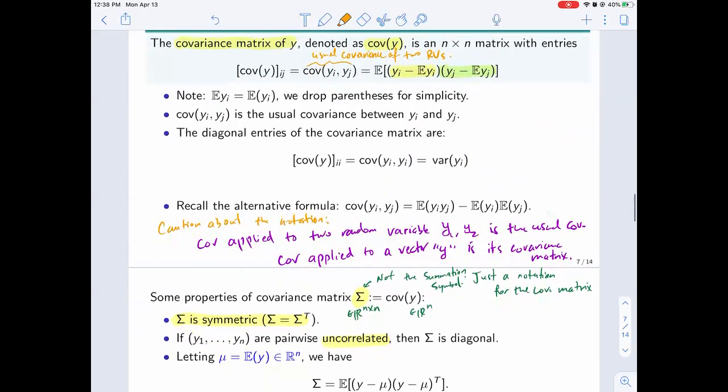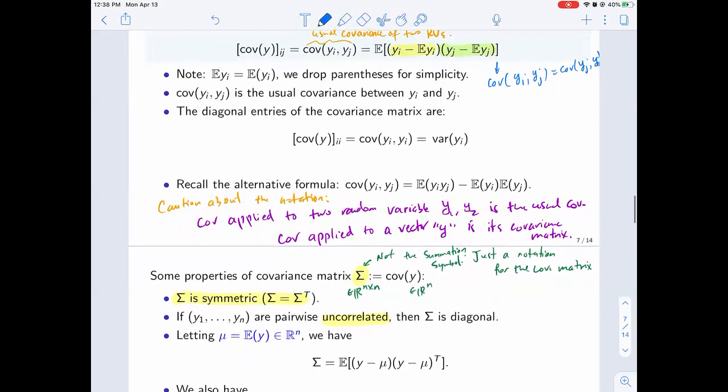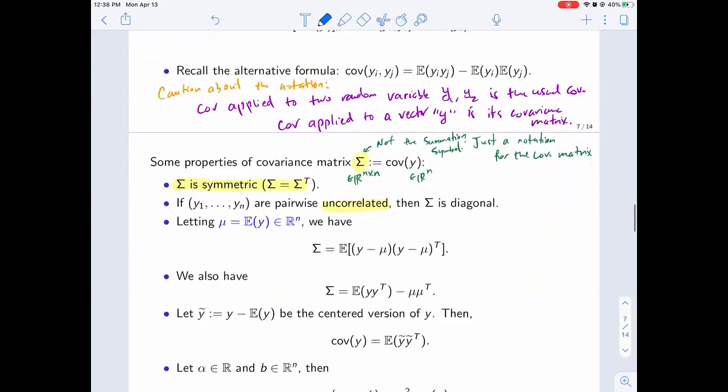The covariance of yi, yj is equal to the covariance of yj, yi. That translates to this matrix being symmetric. Another way of saying a matrix is symmetric is saying that sigma is equal to its transpose.